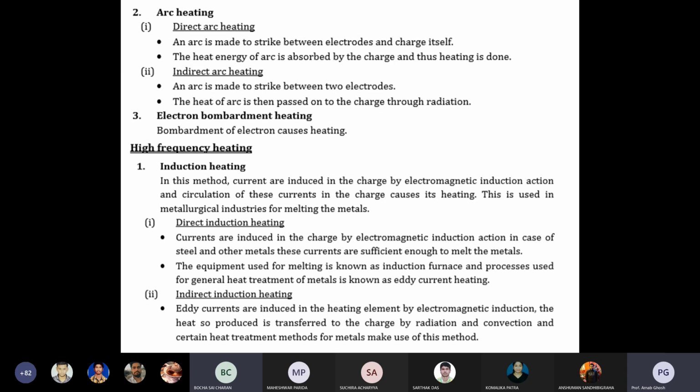For direct arc heating, the arc is made to strike between the electrode and the charge itself, so the charge itself behaves like an electrode.